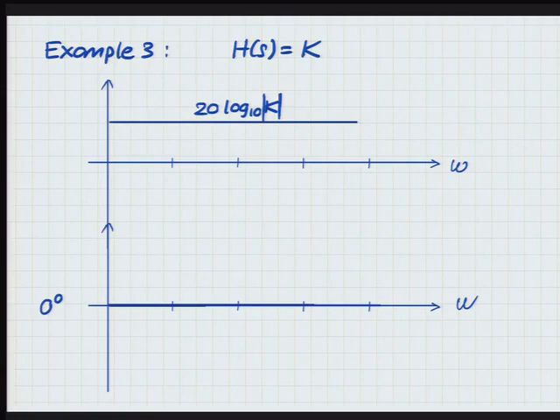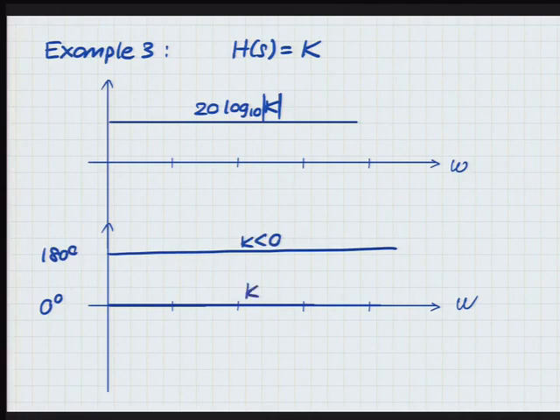So therefore you would select 180 if k is negative, and 0 if k is positive. Okay? So that was straightforward. Nothing really changes with omega. That's why we have these horizontal lines.